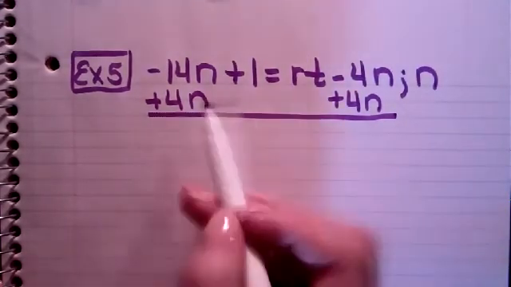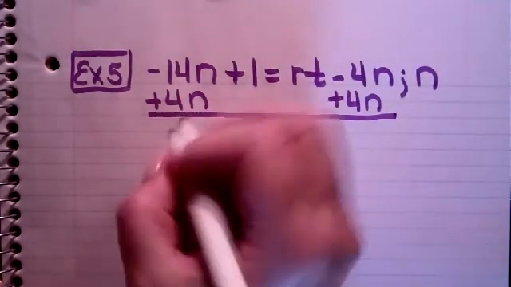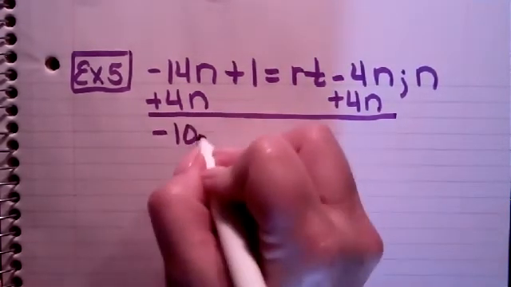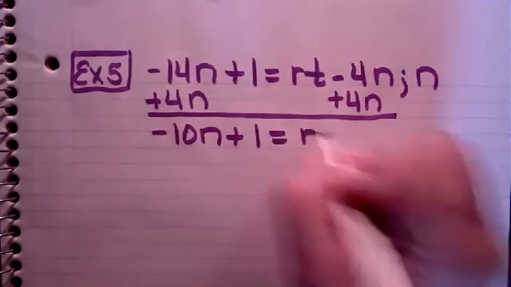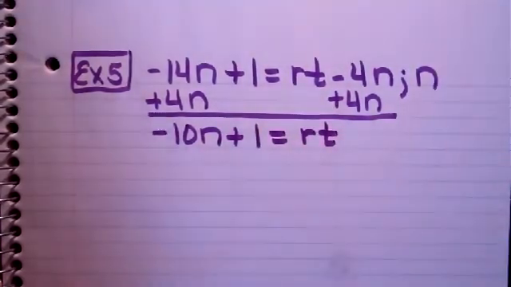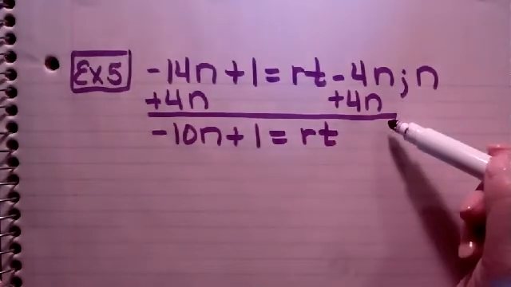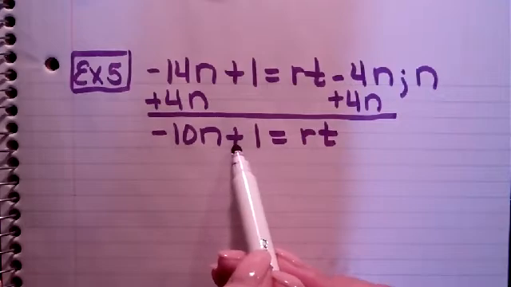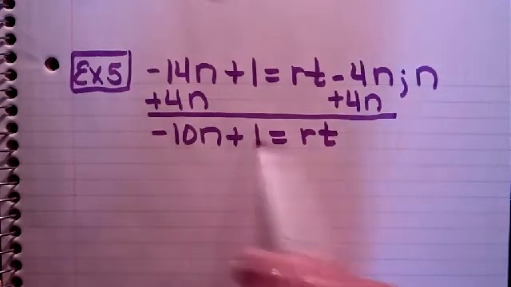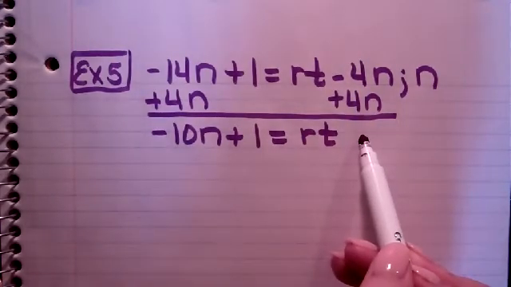Now, negative 14n plus 4n we know is negative 10n plus 1 equal to RT. Okay, the minus 4n plus 4n cancels out. Now, we're isolating n, so the next thing we need to do is get rid of this 1. And since it's plus 1, it's going to move over here to be minus 1.